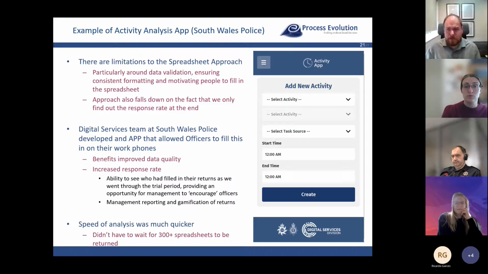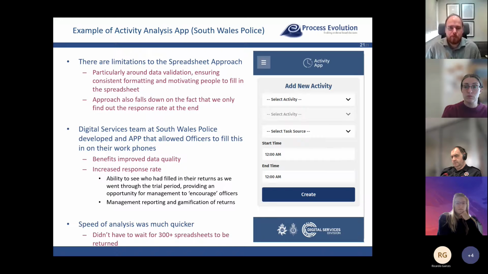And if we know who's not doing the activity analysis, we're then in a great position for management to, I've said encourage officers, but effectively task them and say, look, you've got to do this. And we did see when South Wales did theirs, South Wales Police got a response rate that's 15 points higher than any of the spreadsheet approaches I've seen historically. So there is the ability to incorporate some sort of technology in there.